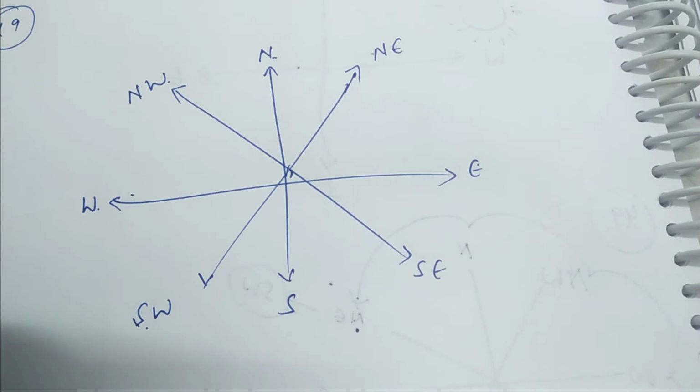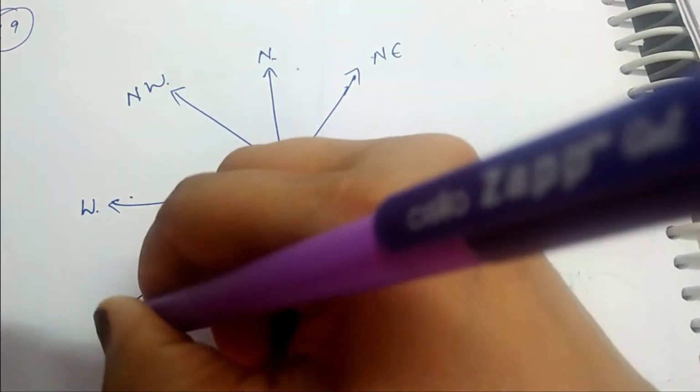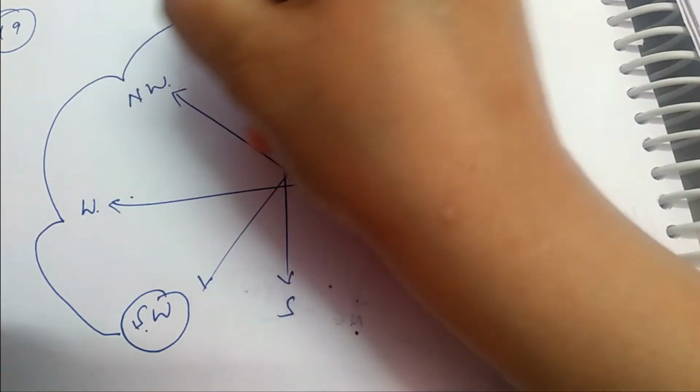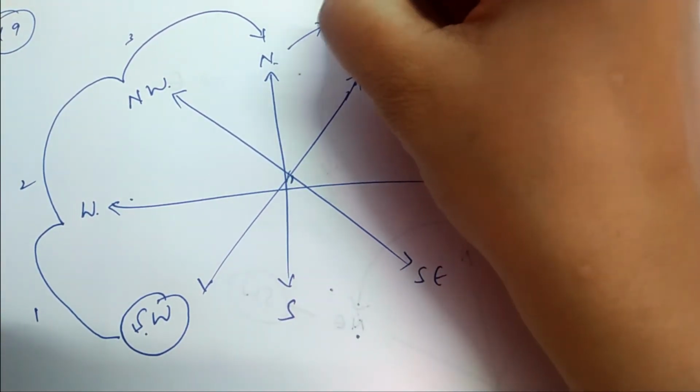What it is saying is that southwest becomes the north. It means that southwest is shifting its place and becoming north. In 3 steps, 1, 2, 3, it is shifting towards north.